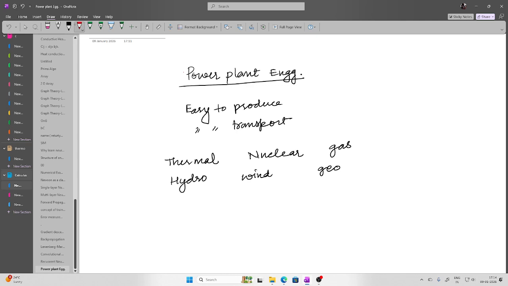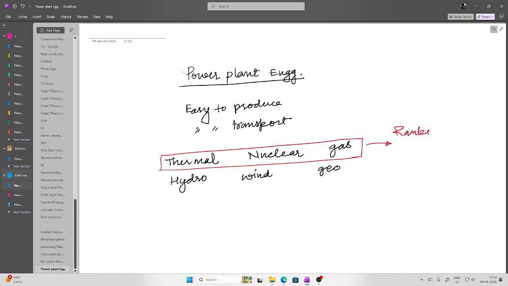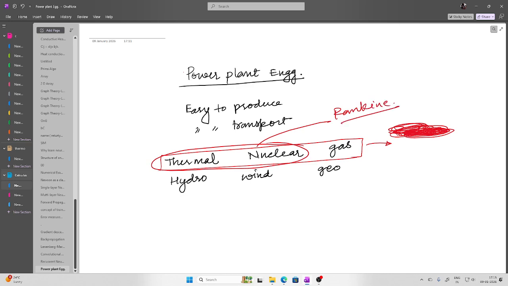Now, in thermal and nuclear power plants, the Rankine cycle can be thought of as the base. What is a Rankine cycle? I'll tell you about this later.